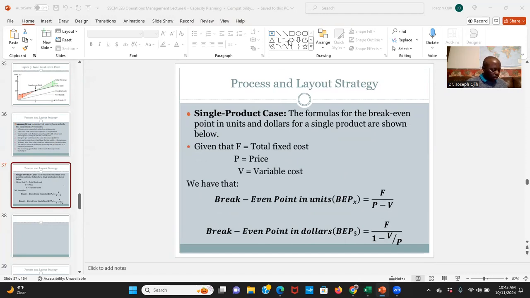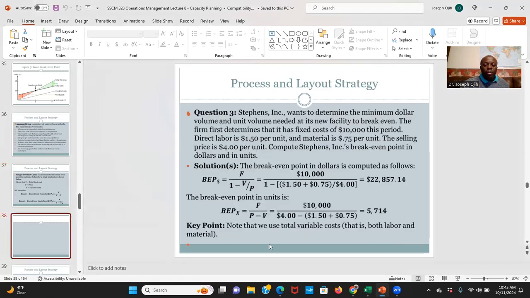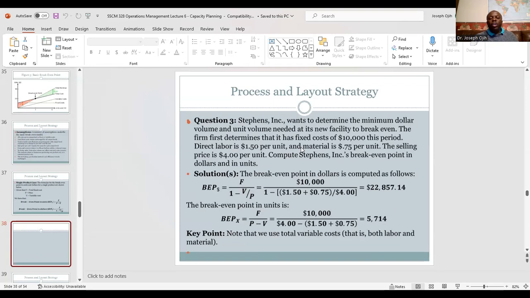So let us look at an example. If you look at this question on the screen, it says that Stephen Incorporated wants to determine the minimum dollar volume and unit volume needed at its new facility to break even.